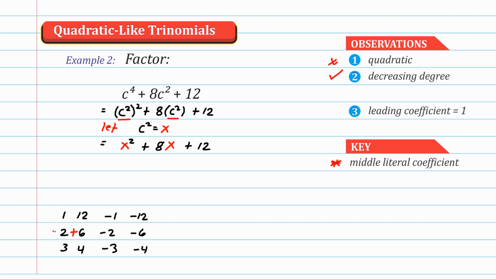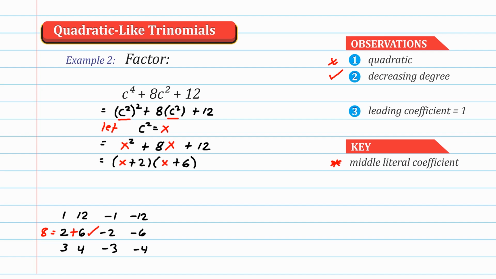We know that 2 plus 6 is 8. Therefore, this is the correct factor pair. So if we factor this one, it will be the quantity x plus 2 times x plus 6. So these are the factors of this one.